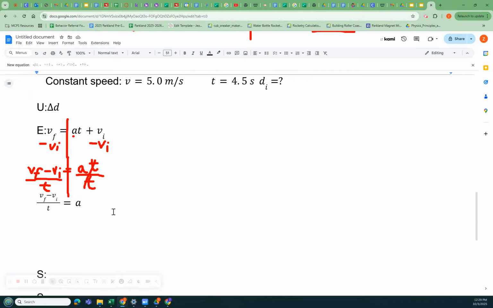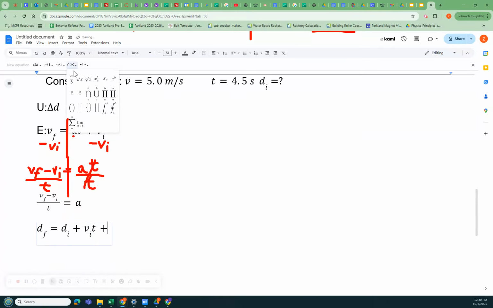Then to figure out how far it went, we will use this equation where df equals di plus vit plus half at squared.